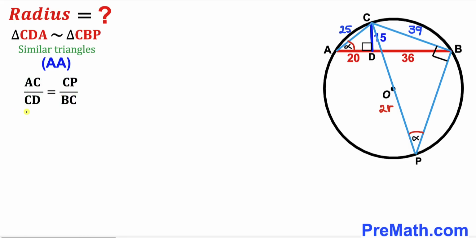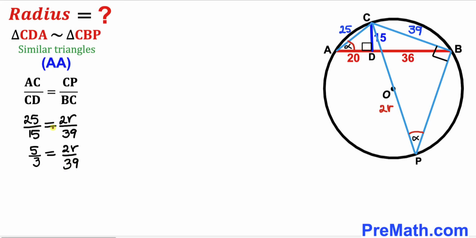So I can write 25 divided by 15 is going to be equal to 2 times r divided by 39. Now 25 divided by 15 is going to reduce to 5 divided by 3. So I can write 5 divided by 3 is going to be equal to 2 times r divided by 39.